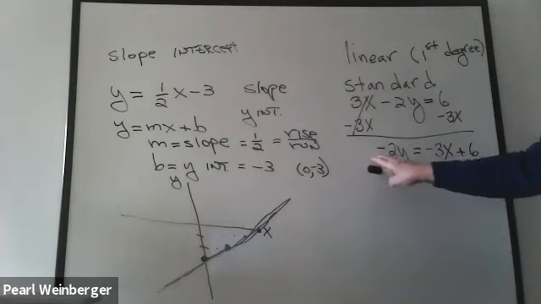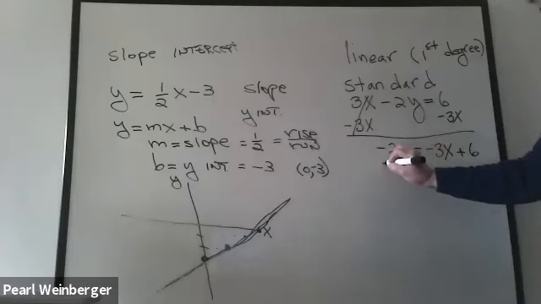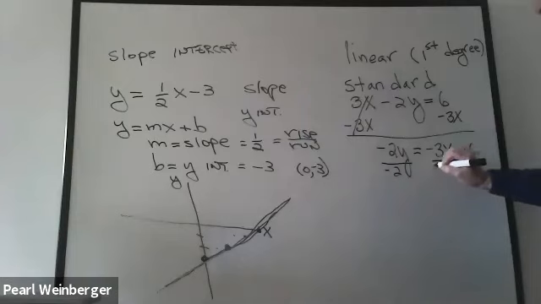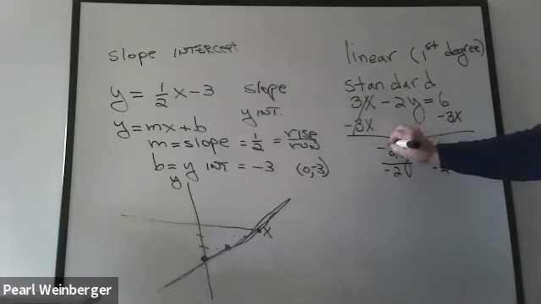And I'm almost there, except I have a number in front of the y. I have a coefficient of -2, so I'm going to have to divide by -2, which means I'm going to have to divide every term on the other side of the equation by that same -2.